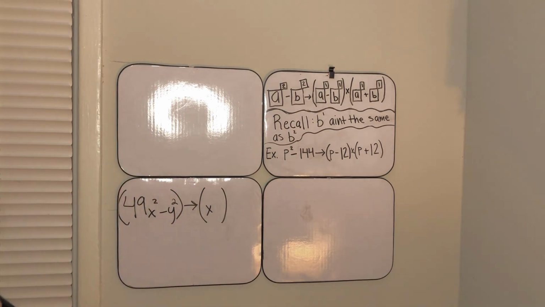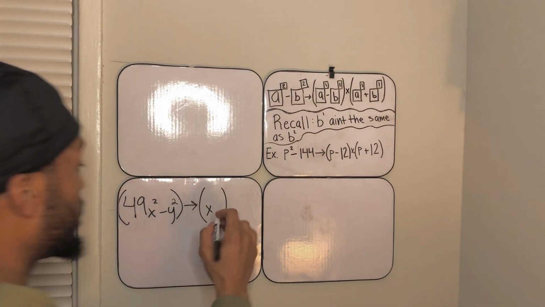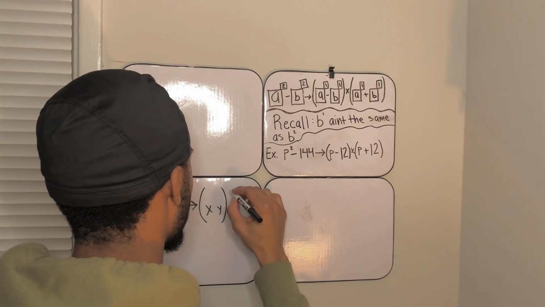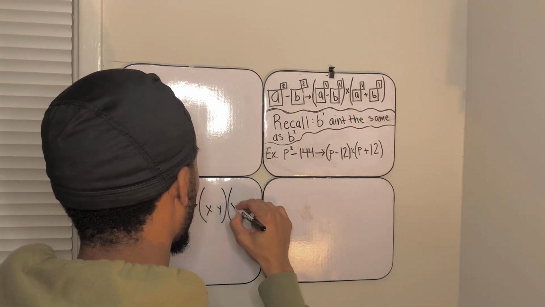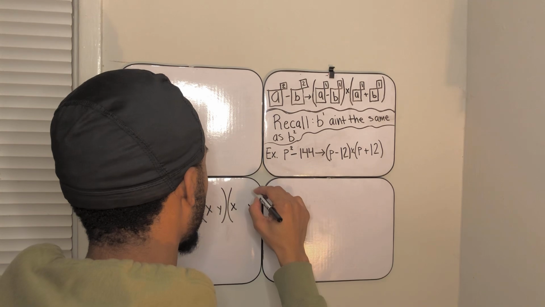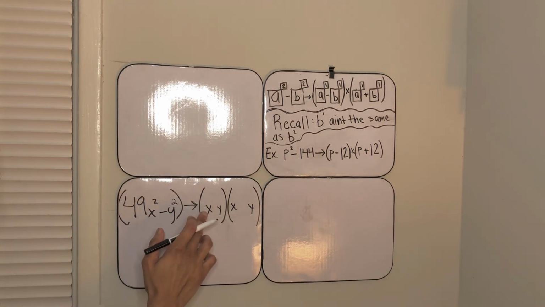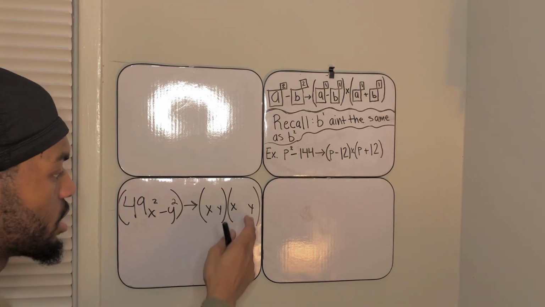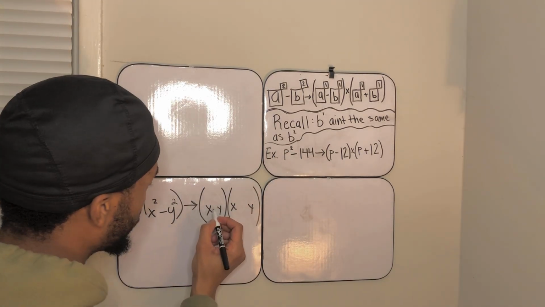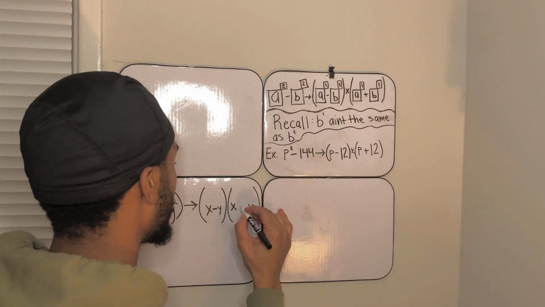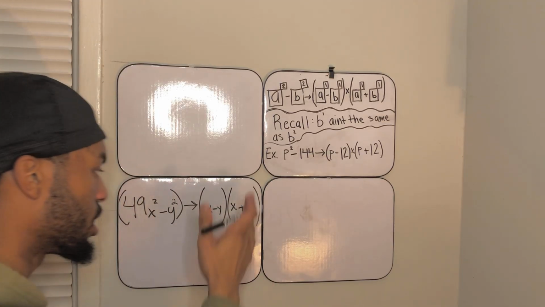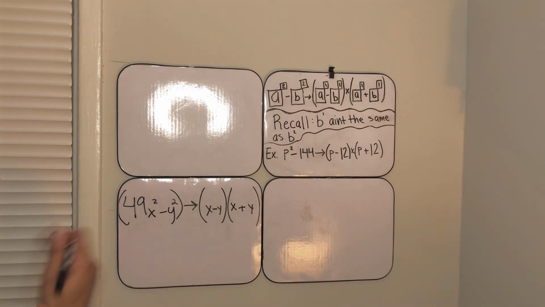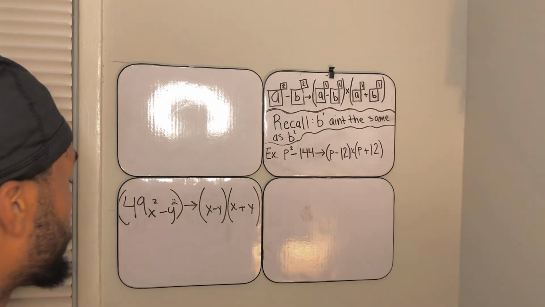So again, taking the square root of that, that's just gonna be y. And again, these parentheses are gonna be the same. So we know it's gonna be x, and we know it's gonna be y. Square root of x squared is just x. Square root of y squared is just y. And again, in this first set we do subtraction, and then we do addition on the second set. Now we can get back to this 49.